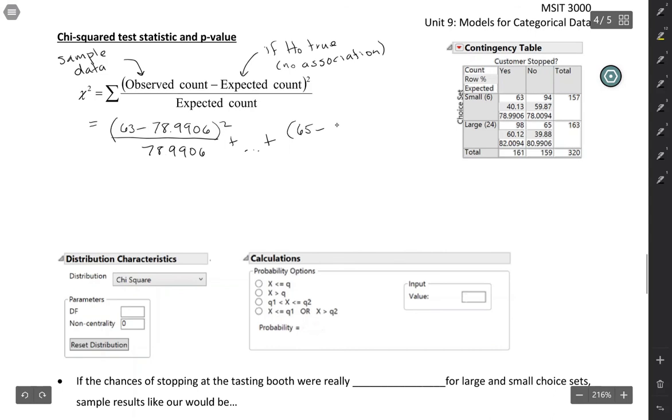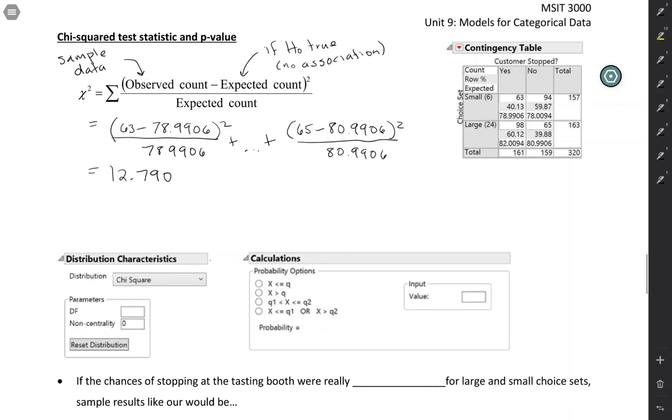The expected was 80.9906. So you would be adding this up for all 4 cells. I'm just going to be a little bit lazy about writing it all out. And so then we end up with a chi-squared statistic of 12.790. So we know that the larger the chi-squared statistic is, the stronger the evidence that there really is an association between the variables.